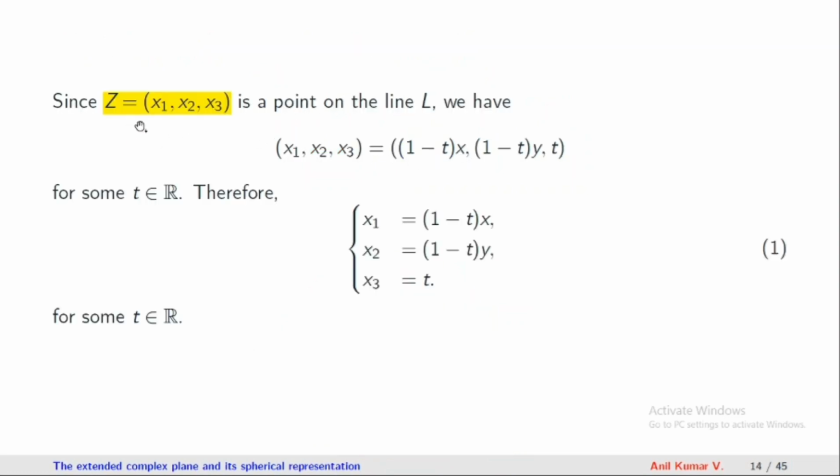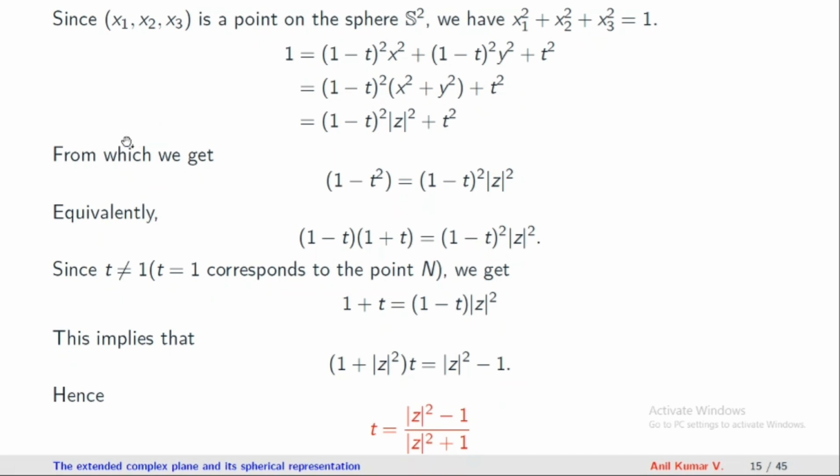That is, since Z equal to (x1, x2, x3) is a point on the line L, we have (x1, x2, x3) is equal to ((1 minus t) x, (1 minus t) y, t) for some t in R. So these two vectors are equal. So comparing the components, we get x1 is equal to (1 minus t) x, and the second component x2 is equal to (1 minus t) y, and the third component x3 is equal to t.